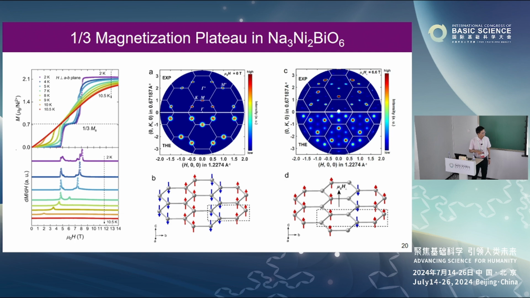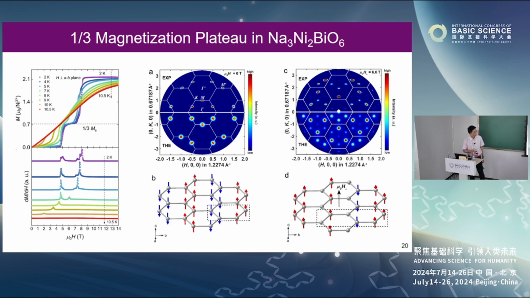We define this site as spin zero. Spin zero means that the spin lies in the plane, so it doesn't have a moment along the out-of-plane direction. And then you have this zero up, zero down, up, up. So we also need to enlarge this cell to include the 6 sites.